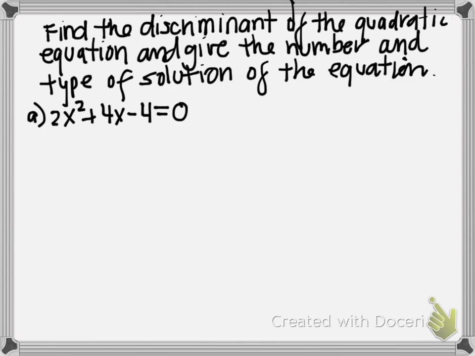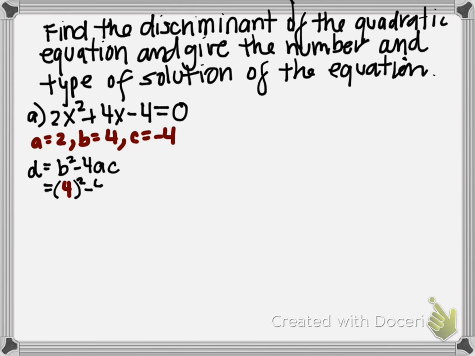Now for the discriminant, remember that's just the term inside the square root. So we're talking about b squared minus 4ac. Again, we want to make sure the quadratic equation is set equal to 0, so that you can identify your a, b, and c. On the example on your worksheet, if I plug it into b squared minus 4ac and substitute in the numbers, I get 48.